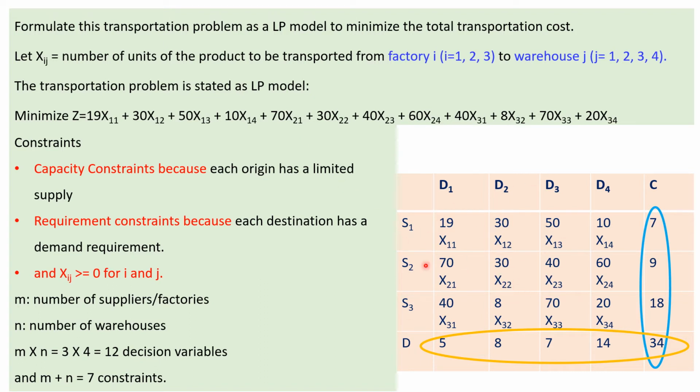So from this table we can understand that X11 is the number of items transported from 1 or S1 to D1.